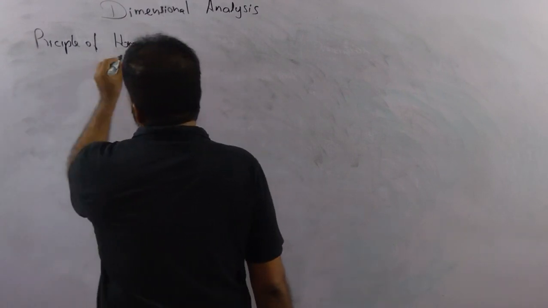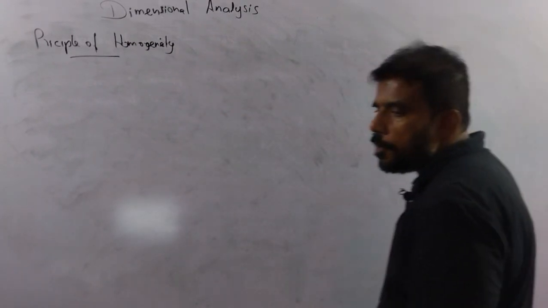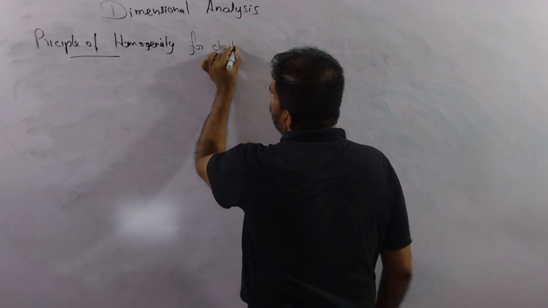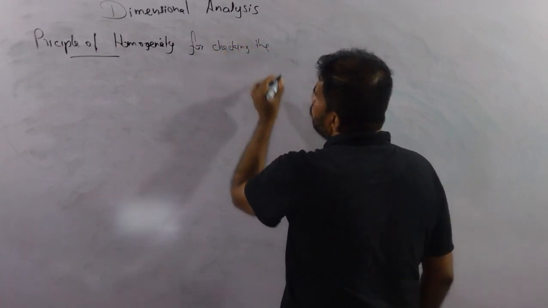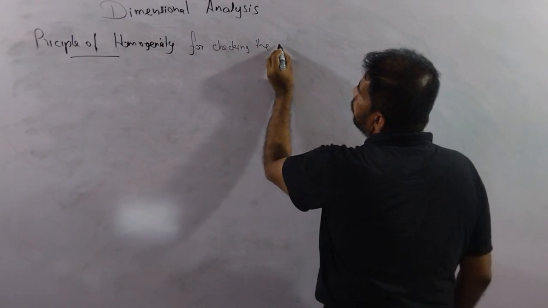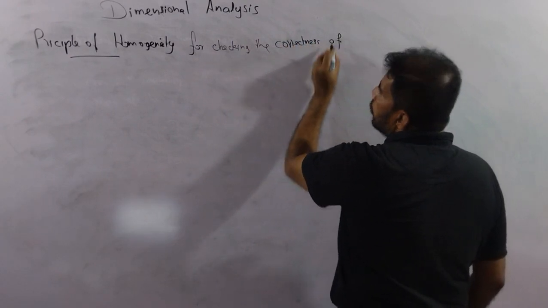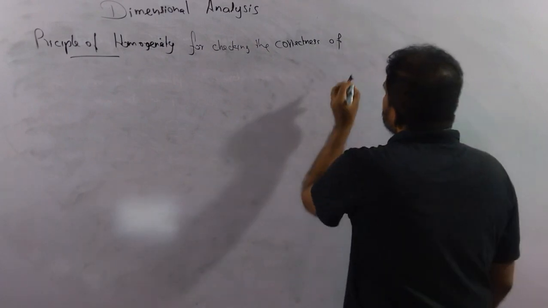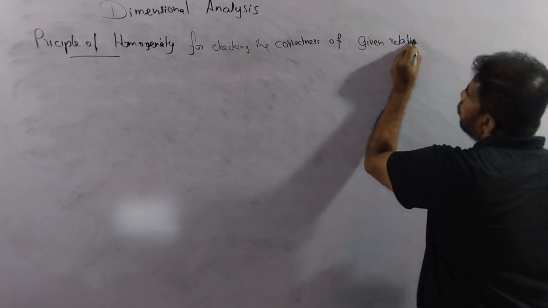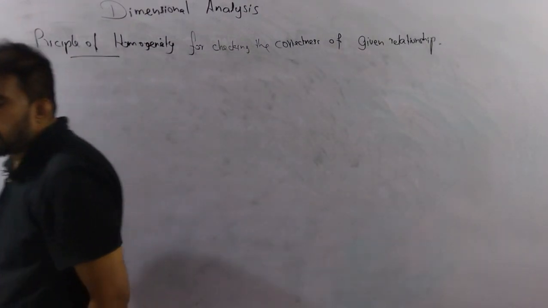This is the main concept we use when checking the correctness of a given relationship.